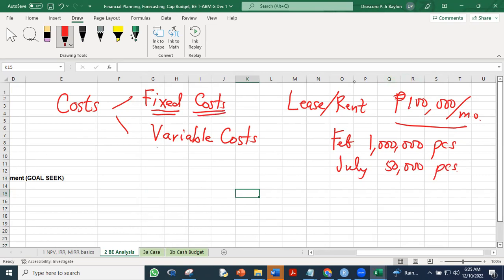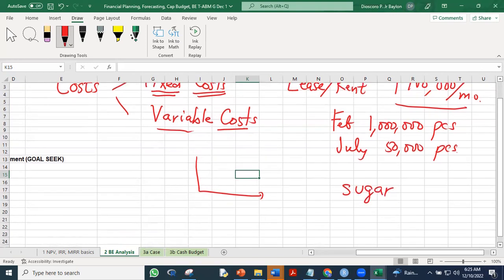On the other hand, variable cost, as the name suggests, varies with respect to the activity. Suppose a company makes use of a certain ingredient in making the chocolate, let's say sugar. Let's say the company estimates that one piece of chocolate will consume 1 gram of sugar.